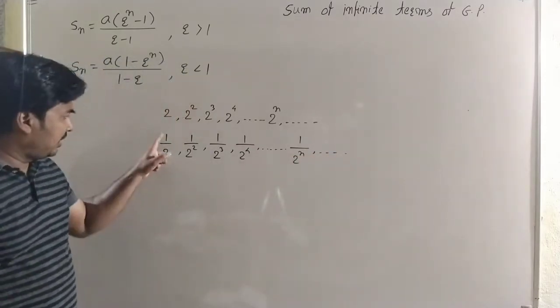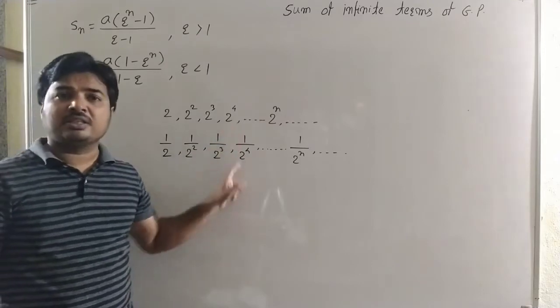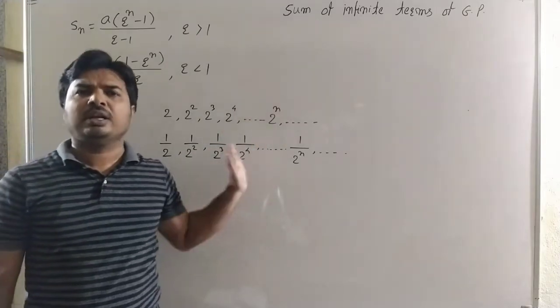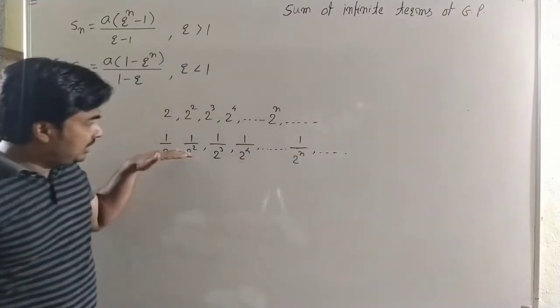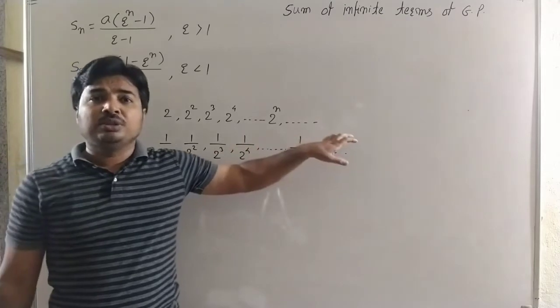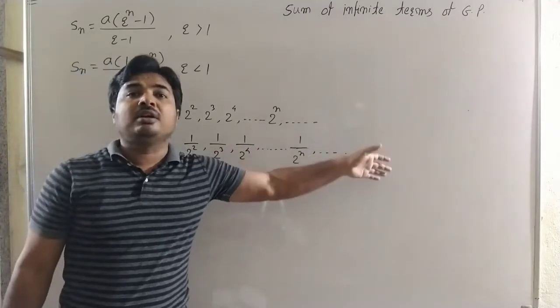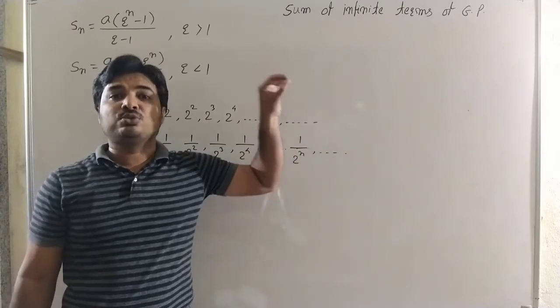That means it is 1 by 2, 1 by 4, 1 by 8, 1 by 16, 1 by 32, 1 by 64, like that. Here, when n tends to infinity, the infinite term tends to 0.